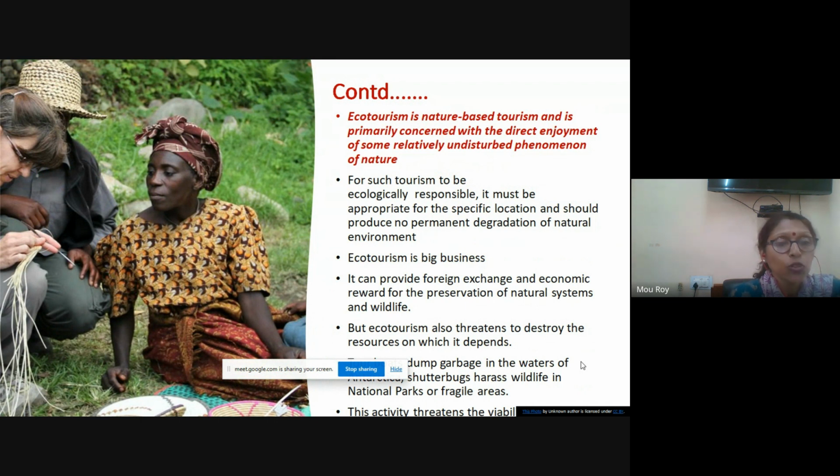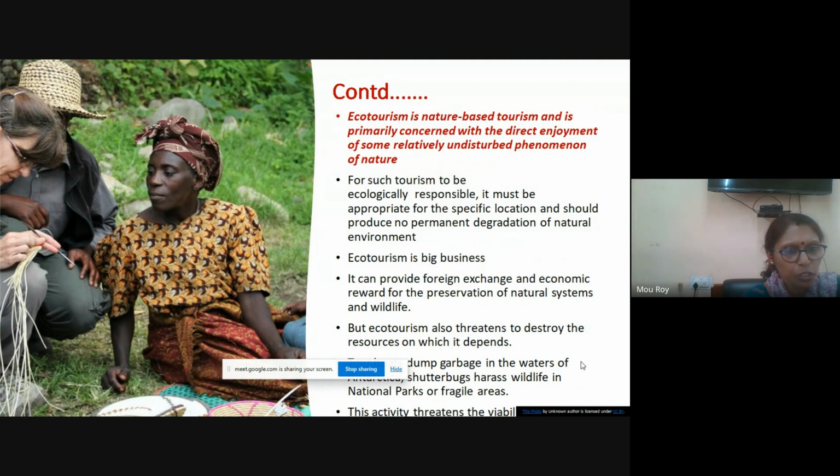Ecotourism is especially important for the local community, because it provides employment to the local youth of that particular area, and also services, and it stimulates the economy of that particular place. It helps in energy conservation and protects the plants and animals from the effects of traditional tourism.